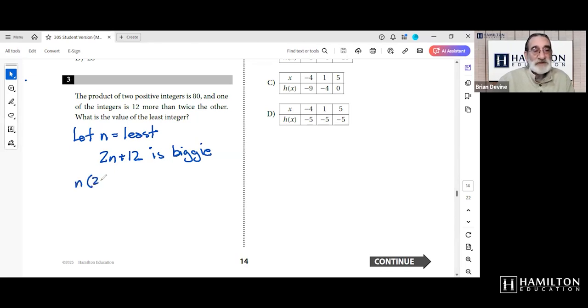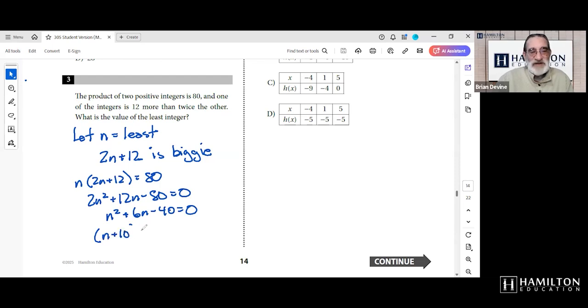So n times 2n plus 12 equals 80, or 2n squared plus 12n minus 80 equals 0, which is the same as n squared plus 6n minus 40 equals 0, which is easier to factor because n plus 10 times n minus 4 would give me the plus 6n in the middle and the negative 40 at the end.